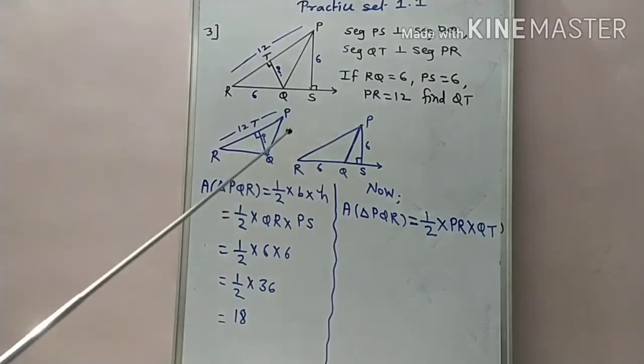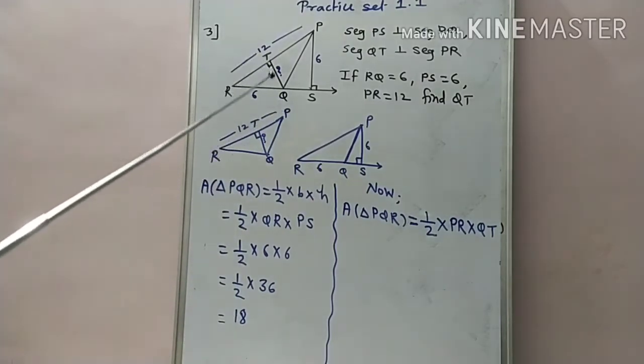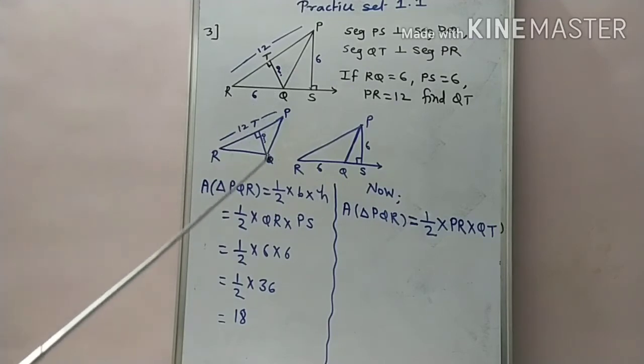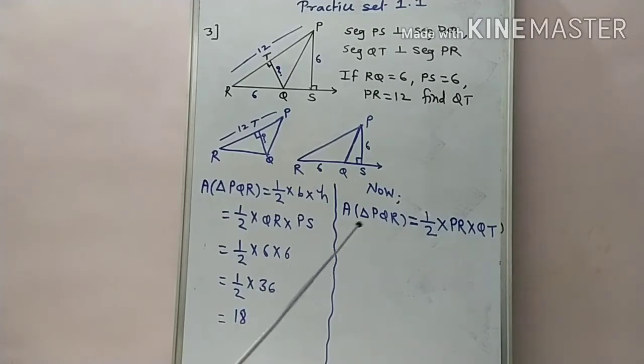But what do you actually have to find? QT. And how do we find QT? We use the same value of the area of triangle PQR, because we won't change that triangle. We take the same triangle, but here we change the base and height.